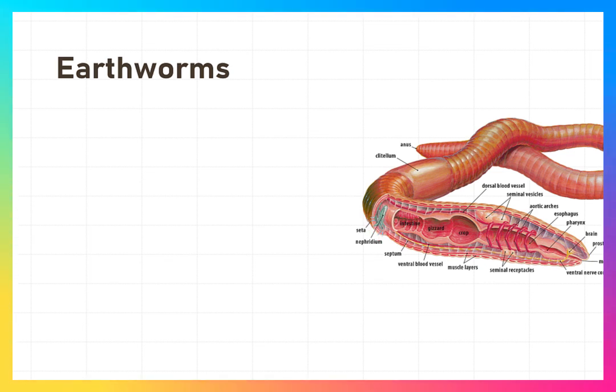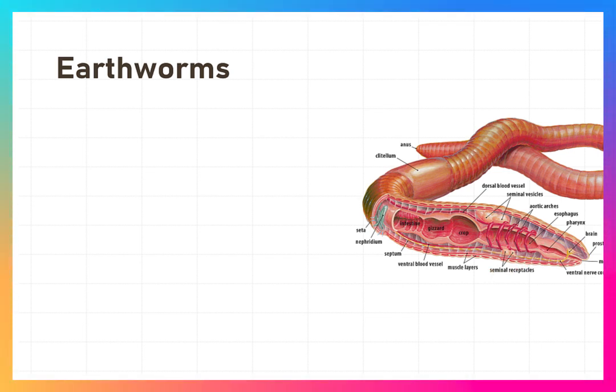This right here is called the nephridium. Nephridium is the worm's kidney. We have the aortic arches, which are what would loosely be called hearts, and then two blood vessels, a dorsal blood vessel up here and a ventral blood vessel here. And these are connected through these aortic arches here.